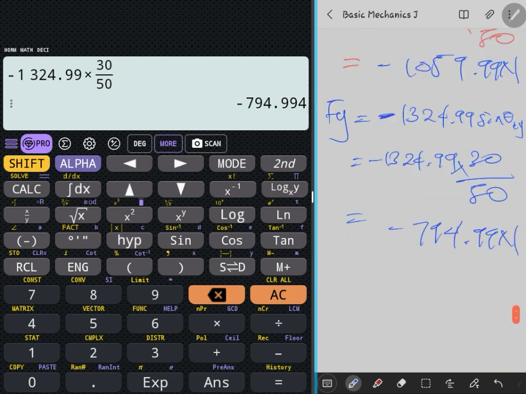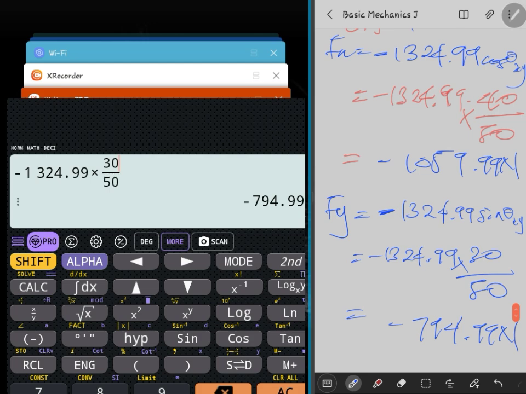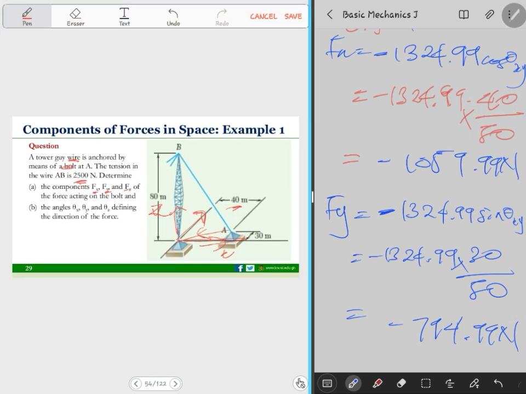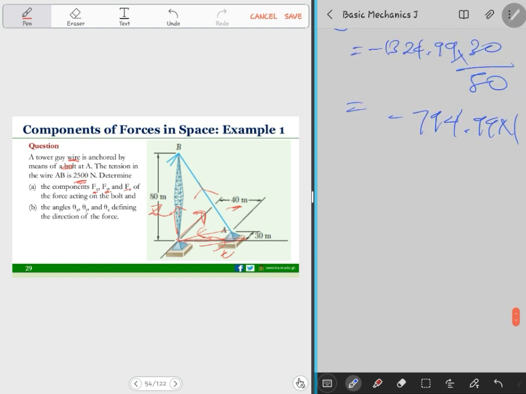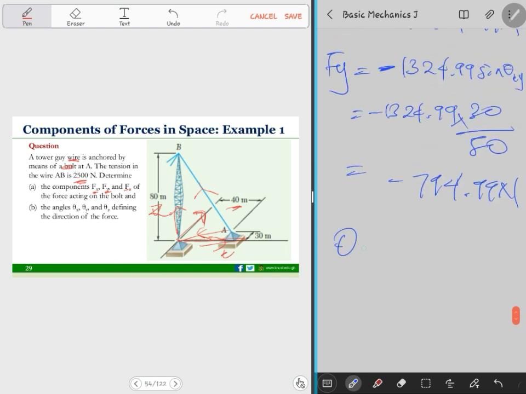So now the other side of the question is asking us to find the angle that these forces make with the original force, which is this one, right? So let's see. We are trying to find theta x, theta y, and then theta z, because we found the fx, fy, and fz. For theta z, because we are trying to find the angle that it makes with the full force itself, we just use cos. We don't think about whether it's adjacent or opposite, because we are still considering this full force here.